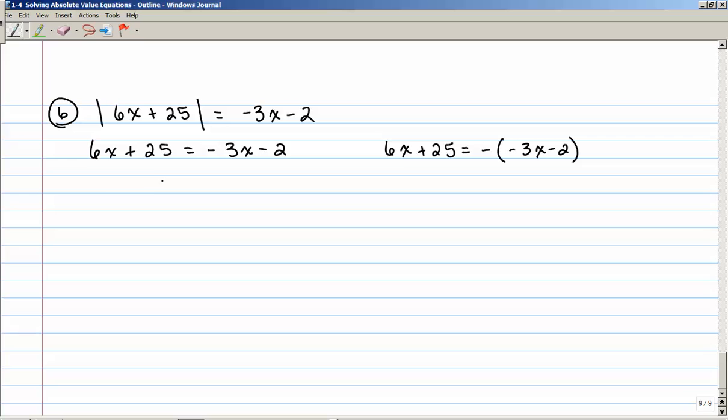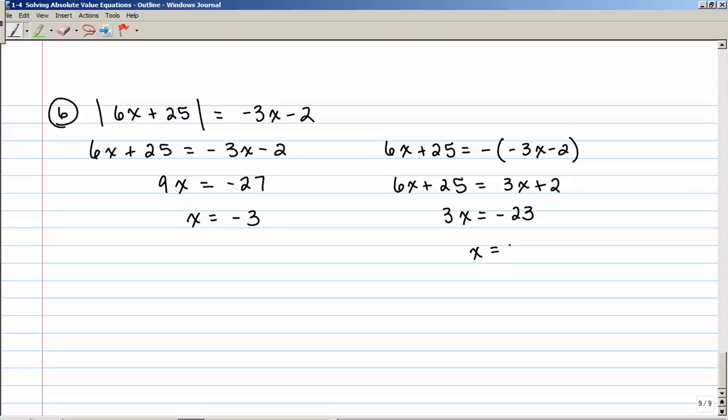Okay, so this is going to give me a 9x, and subtracting 25 gives me a negative 27. So one of my answers is x is negative 3. On the other side, 6x plus 25 equals 3x plus 2, or 3x equals a negative 23.